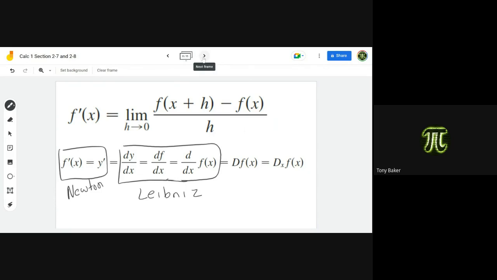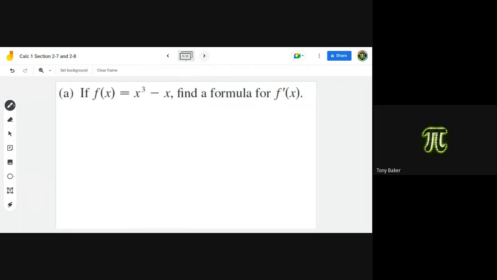All right. So let's find the derivative of this. So we're going to use this equation, the same equation as h goes to 0.